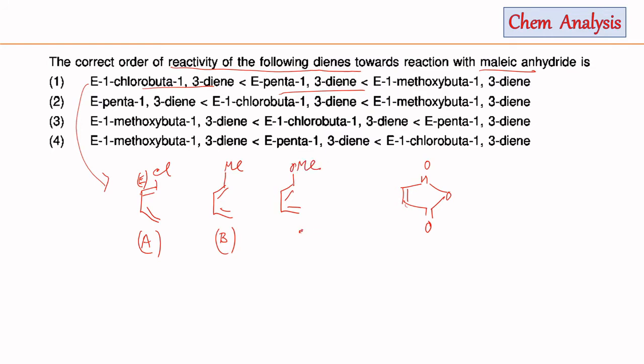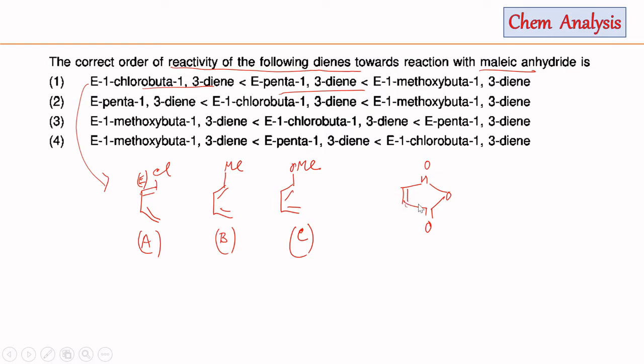Now the condition for efficient 4+2 cycloaddition is that with increasing electron density in the diene and decreasing electron density in the dienophile, the reaction will occur fast.